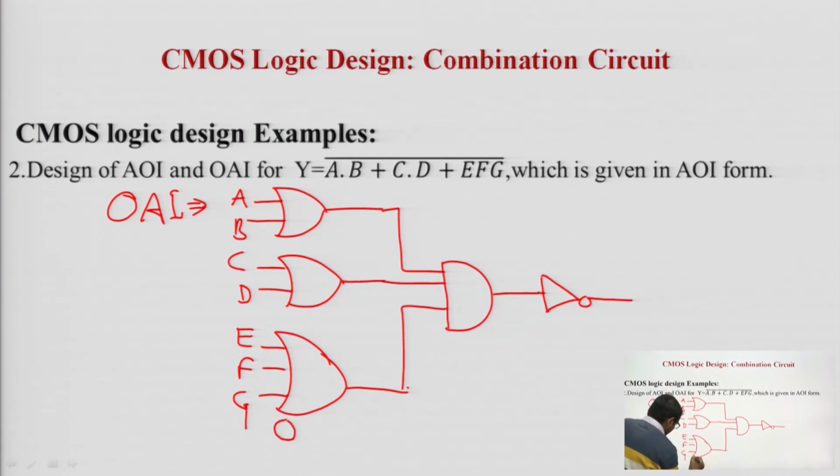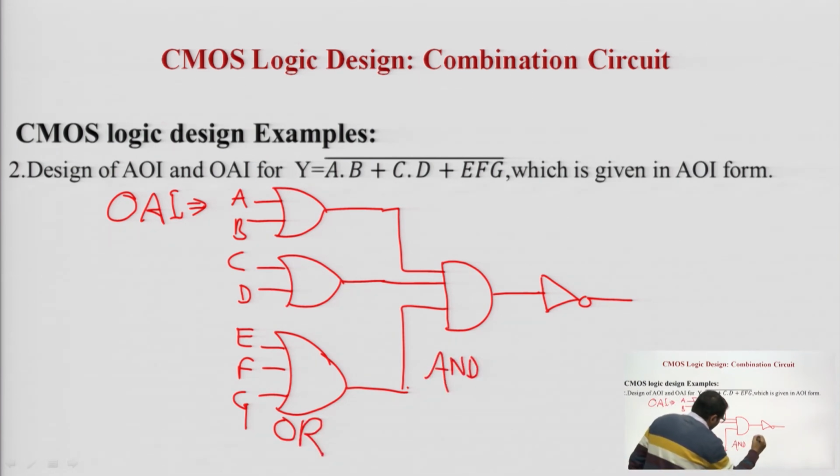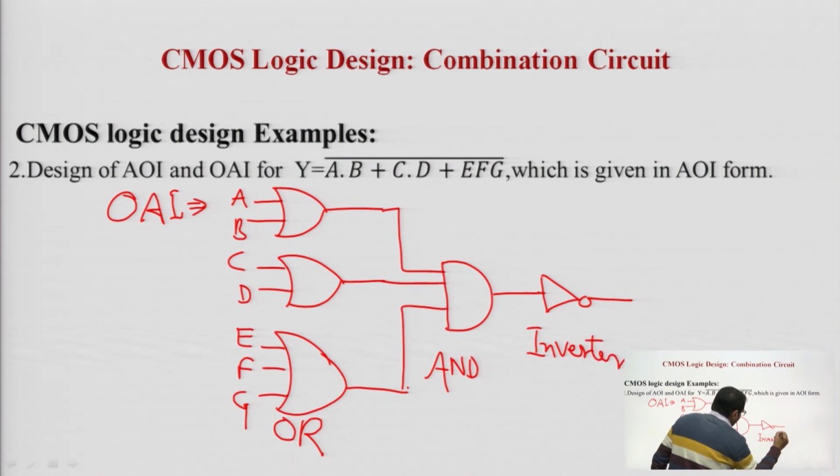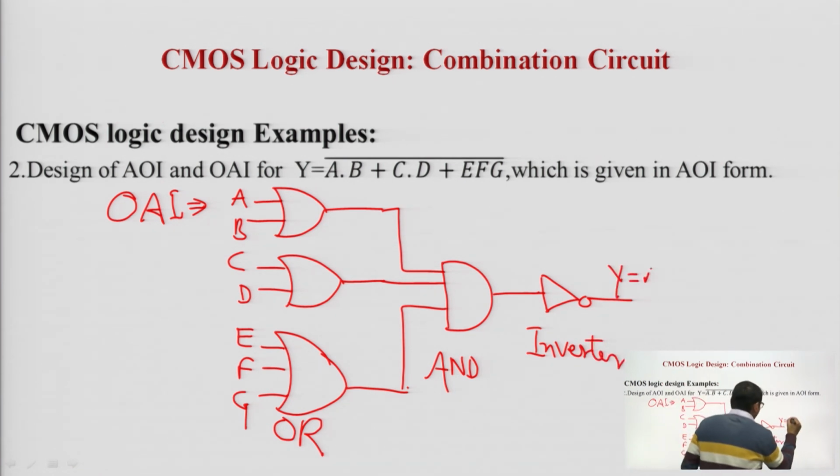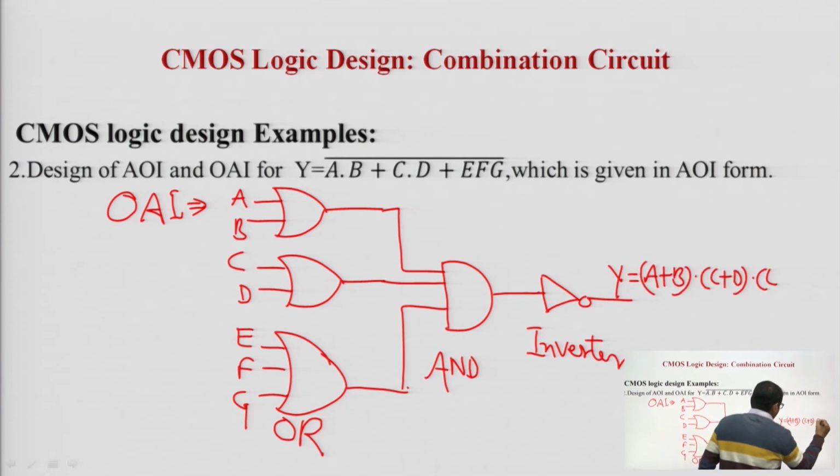So first is OR, second is AND, and last one is inverter. Here we put the Y, so it comes A plus B dot C plus D dot E plus F plus G, whole bar.